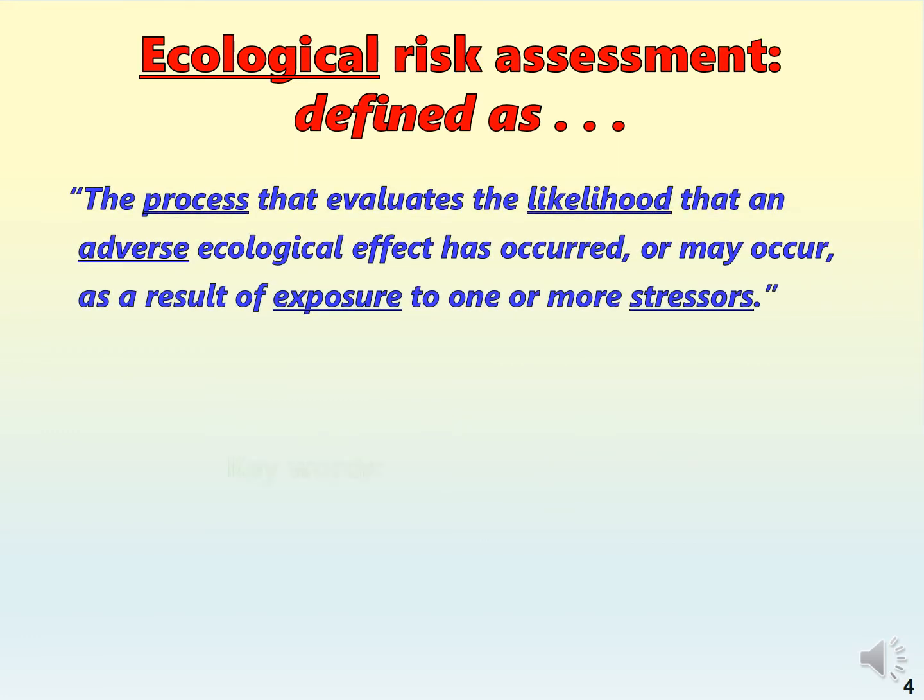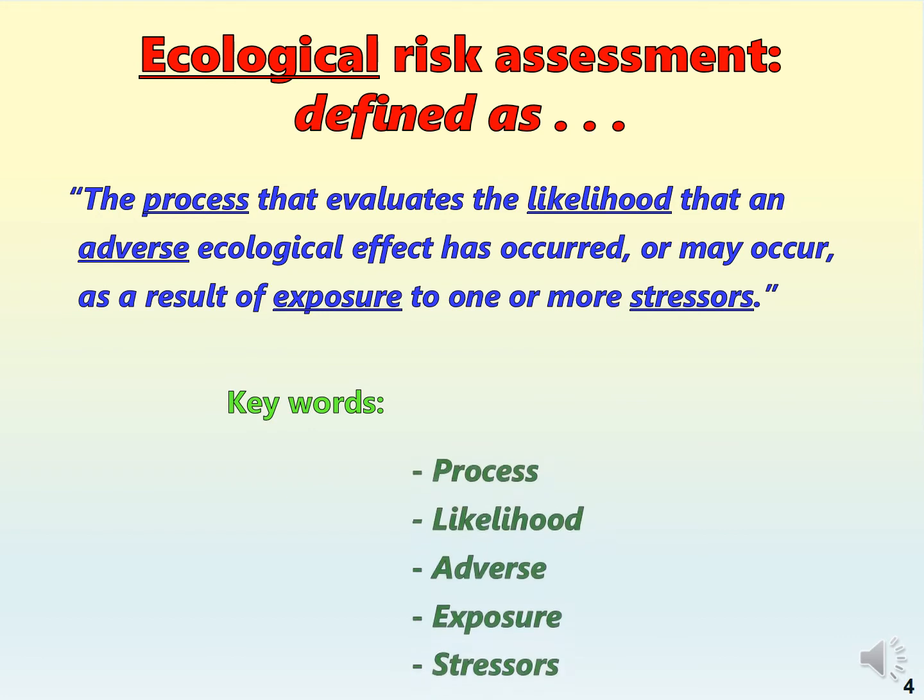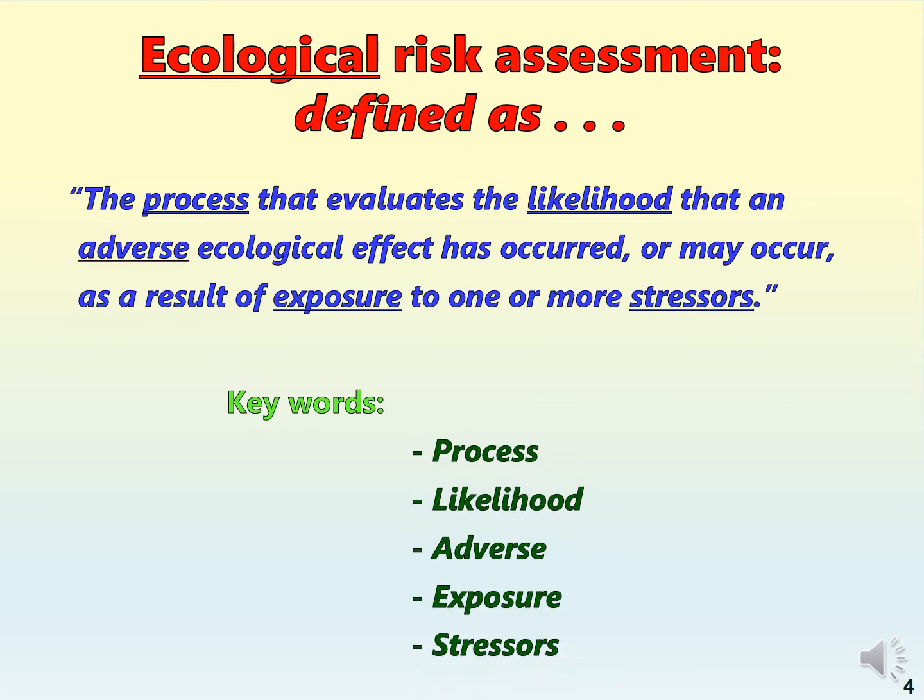Well, ecological risk assessment, as a very special case of risk assessment, is the process that evaluates the likelihood, same definition, that an adverse ecological event has occurred, may occur, or is the result of exposure to one or more stresses. And here is the first clue. Risk assessment applied to ecological systems has its history in chemical exposures and chemical effects on ecosystems.